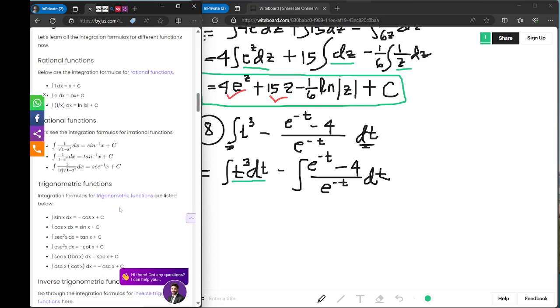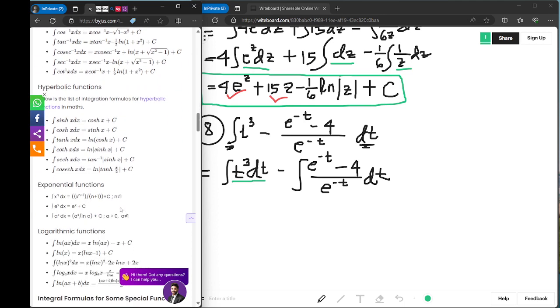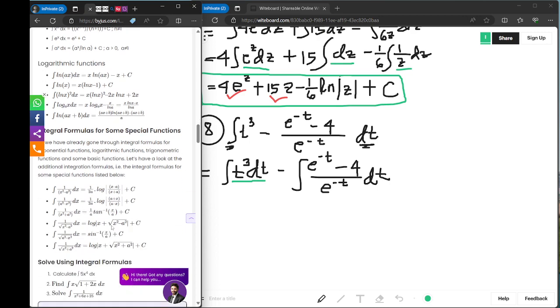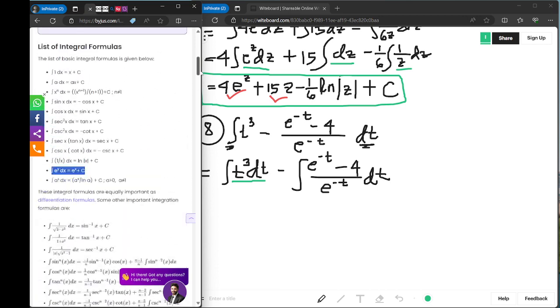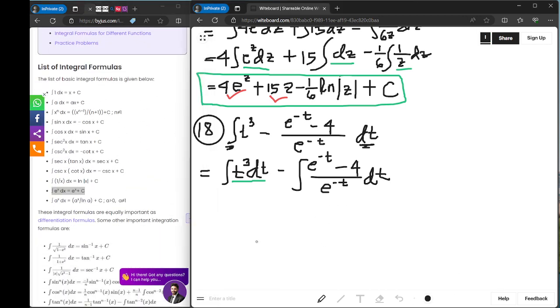Let's check. Yeah, no other e's. Hyperbolic, exponential, logarithmic. Yeah. So I think the best thing to do is to simplify first this term. So we'll have t cubed dt.